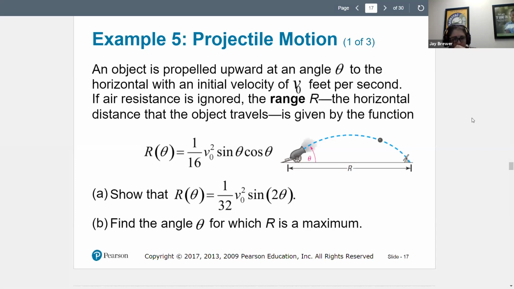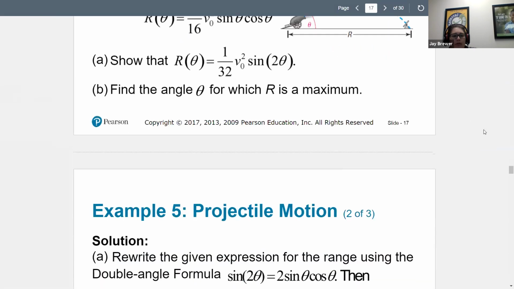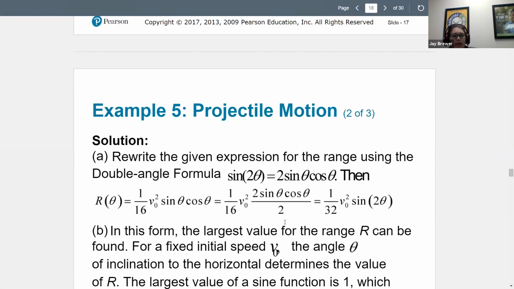So hypothetically, we use the double angle theorem for sine of 2 theta. Yeah, so that's exactly what we're going to end up doing. If we plug in the double angle theorem, you can't just shove a 2 in there and say, I'm going to replace this.